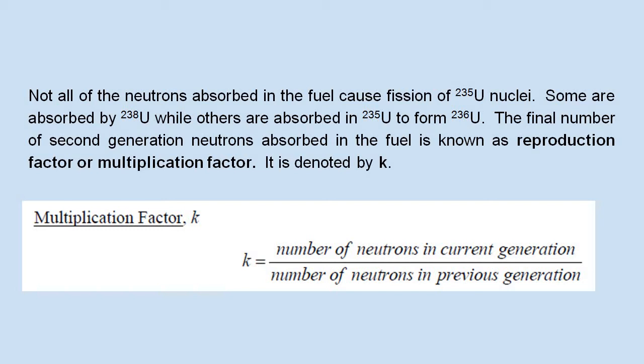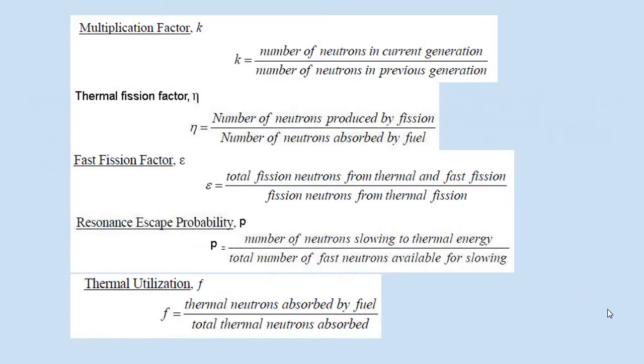So in that case, current generation means the neutrons which are produced by the neutrons which are causing the fission, and they are in the previous generation, and that is denoted by the letter K. K is the number of neutrons in the current generation divided by the number of neutrons in the previous generation.